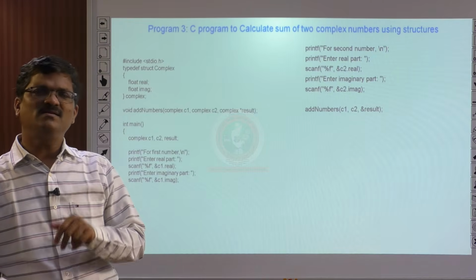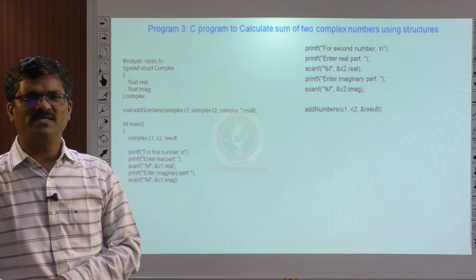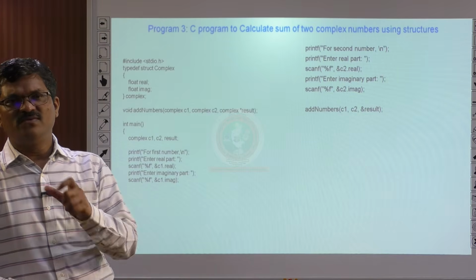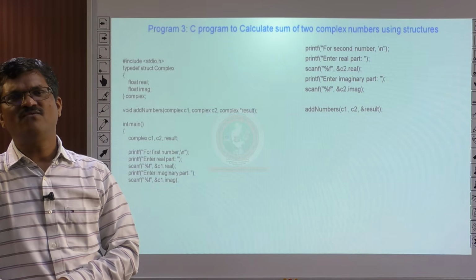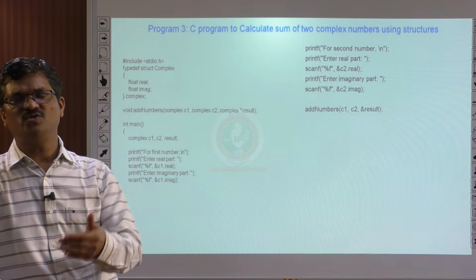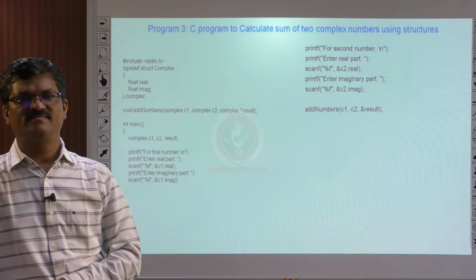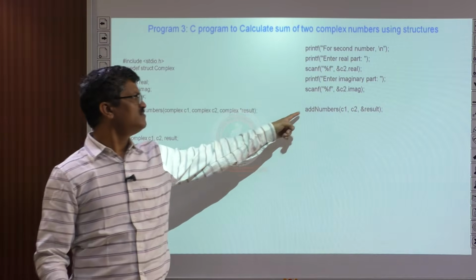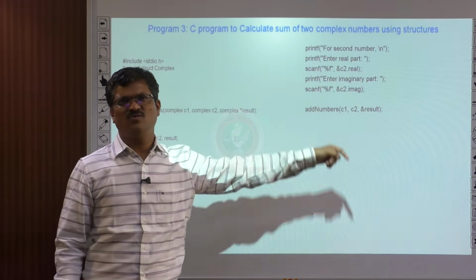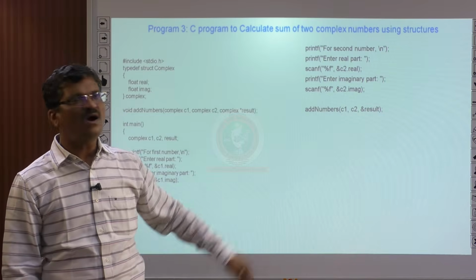Once you read the values for two complex numbers, these will be passed to the function called add numbers, which you are going to define. So, this is a function called add numbers along with arguments C1, C2 and result.